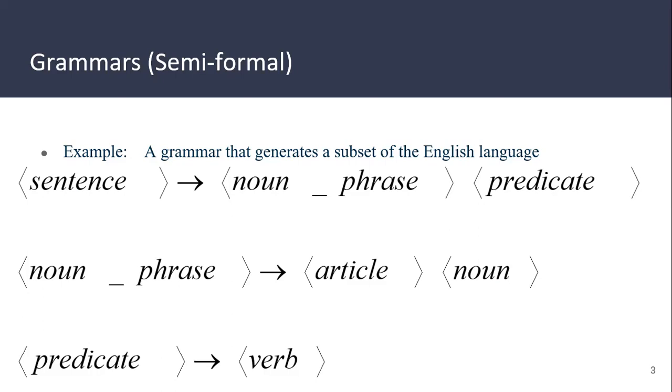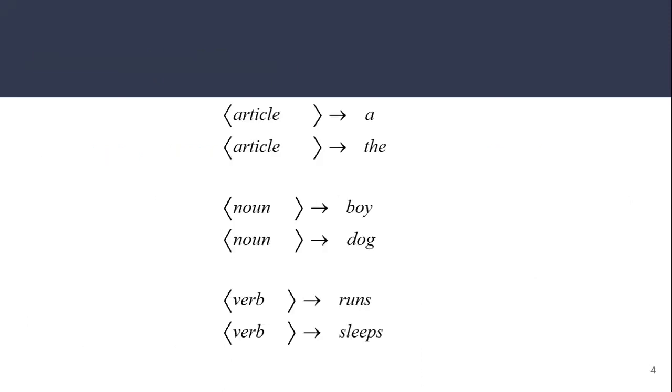Similarly, in TOC also, when we create grammar, we need something like verb, noun, and article, but these are named differently. In English, the articles are a and the, the nouns, in this example, are boy and dog, and the verbs are runs and sleeps.